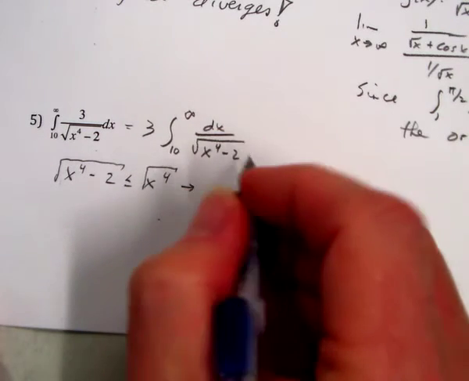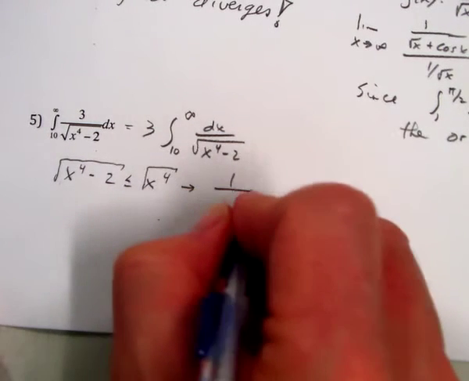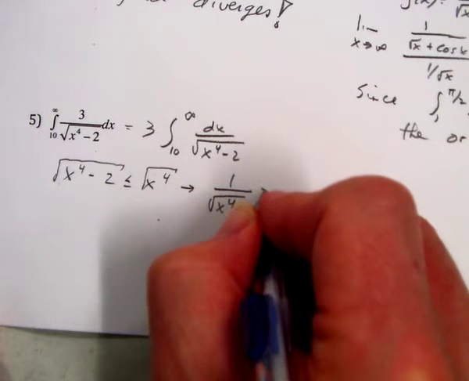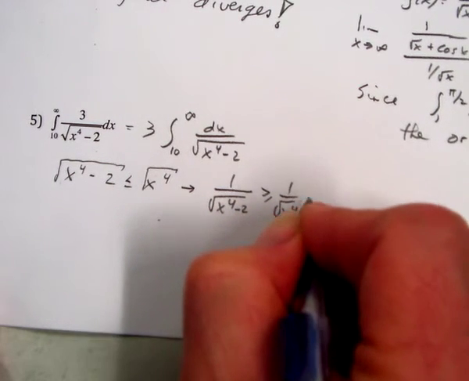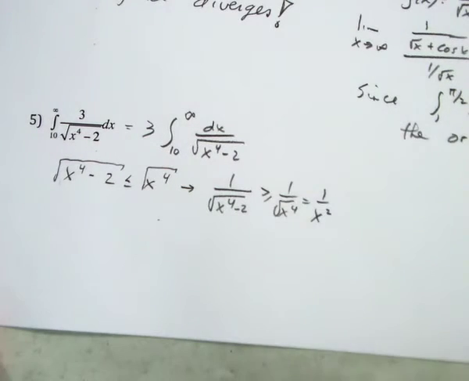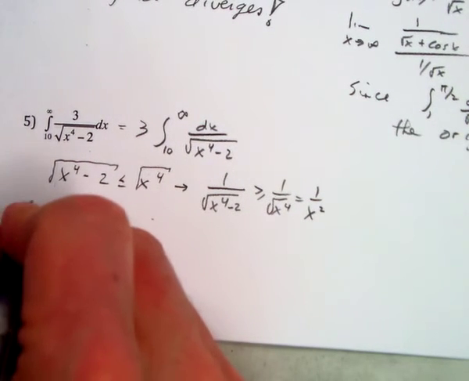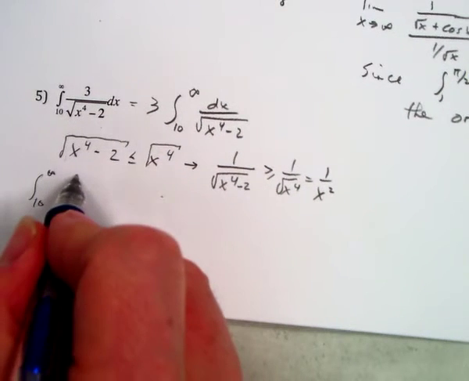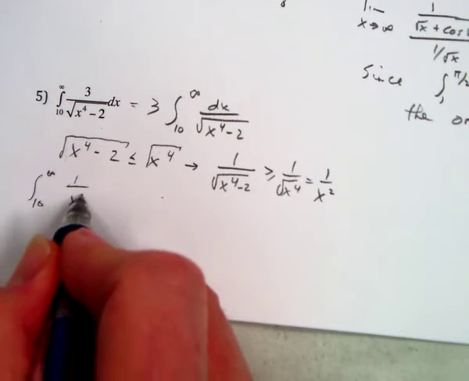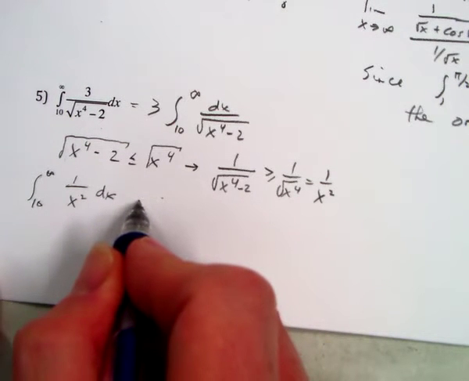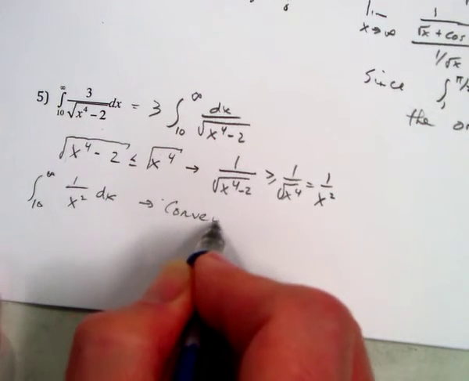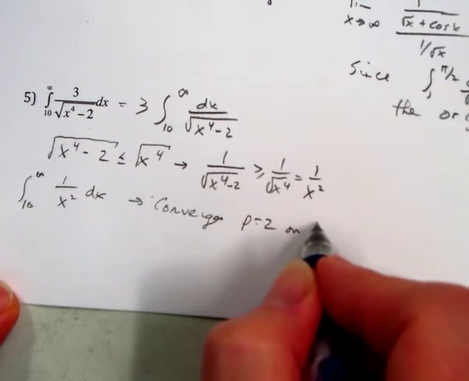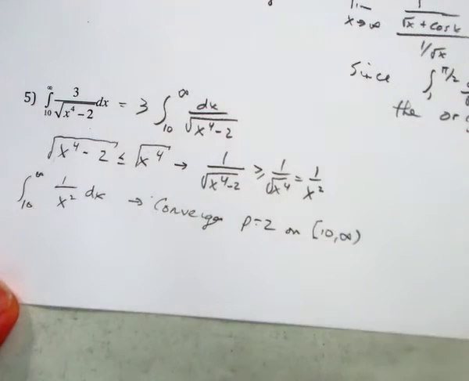And just like we did on the previous one, if we take the reciprocal of this, we have 1 over root x to the 4th minus 2 is going to be greater than 1 over square root of x to the 4th, and that can simplify to 1 over x squared. Now if we look at just that one, the integral from 10 to infinity of 1 over x squared dx, that converges because p equals 2 on that interval from 10 to infinity.